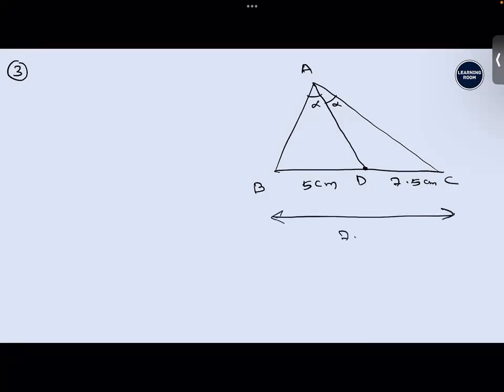Then this is how much? 2.5. So BD and DC, in what ratio are they? 2:1?